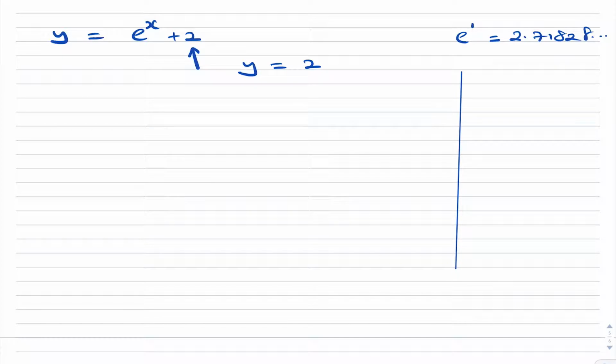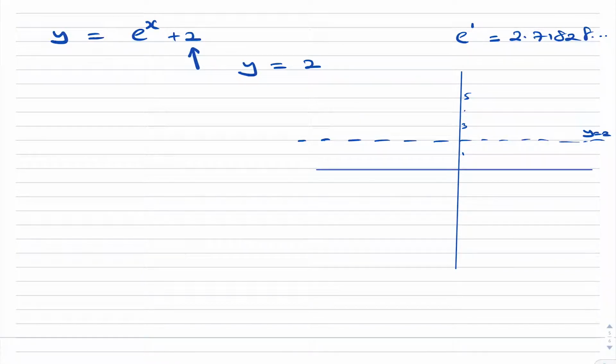Now, the variable here, x, has a positive value because it's just e to the power of x. You could have e to the power minus x, which we'll look at later. In this case, the line of asymptote is y equals 2. So this is 1, 2, 3, 4, 5.